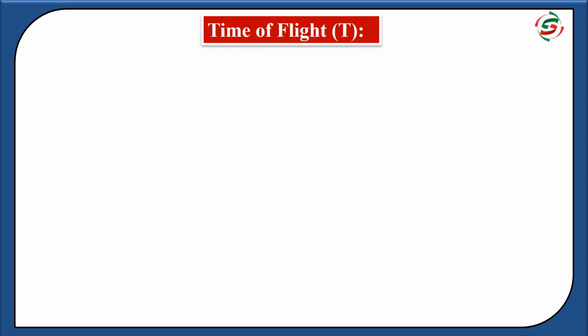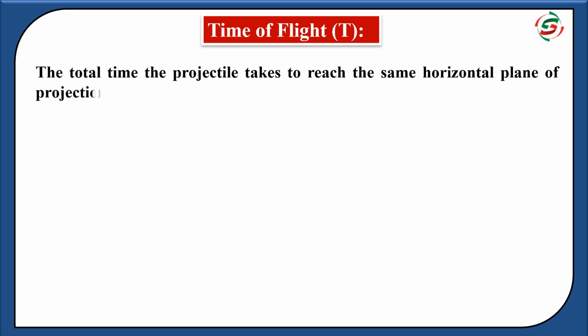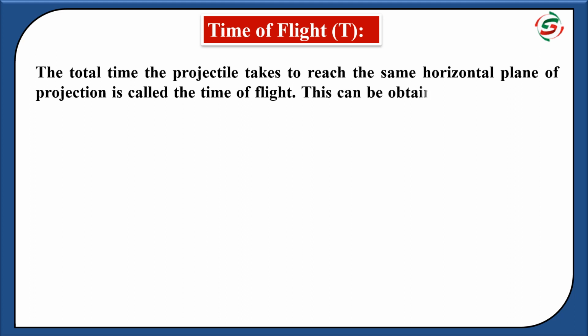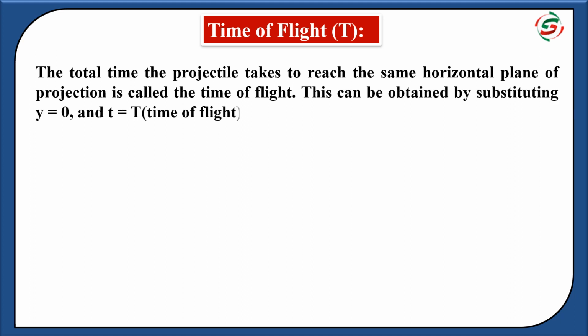Time of flight, capital T. The total time the projectile takes to reach the same horizontal plane of projection from where it has started is called the time of flight. This can be obtained by substituting y is equal to 0 and small t is equal to capital T, the time of flight, in y is equal to u sin theta T minus half g t square is equal to 0.